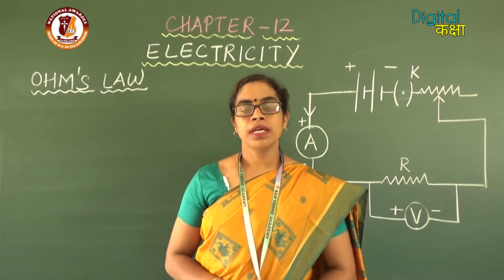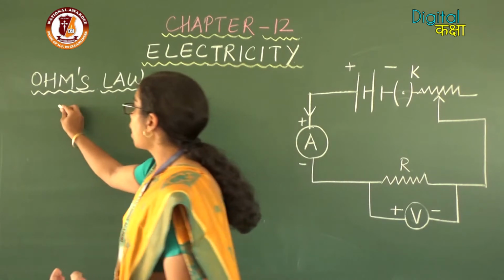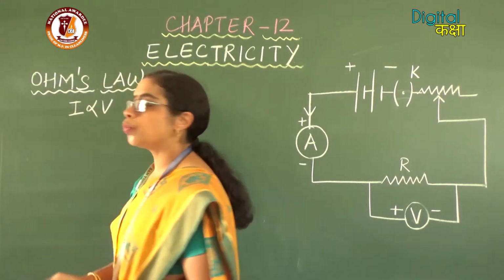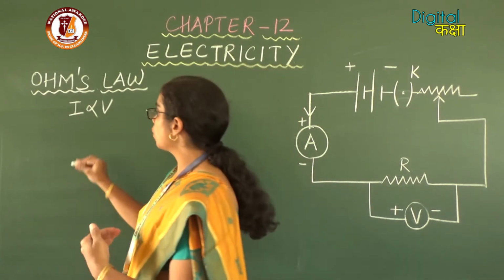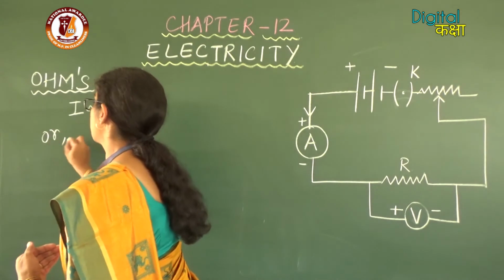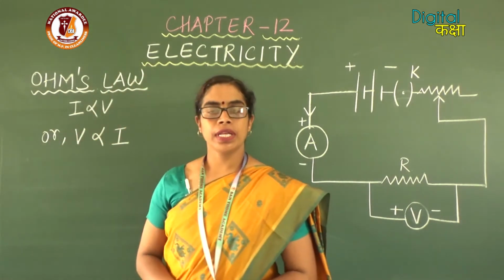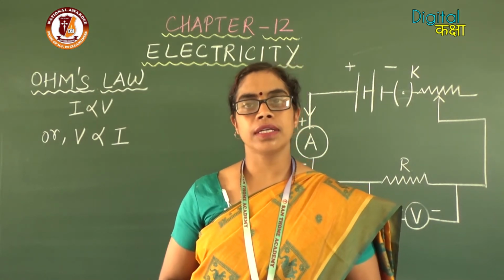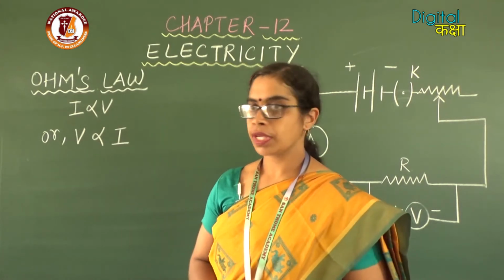This statement can be written in the mathematical form as I is directly proportional to V, or this statement can also be written as V is directly proportional to I, when these two quantities, that is potential difference and current, are directly proportional to each other.